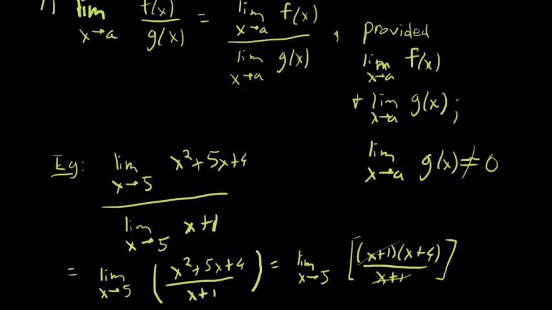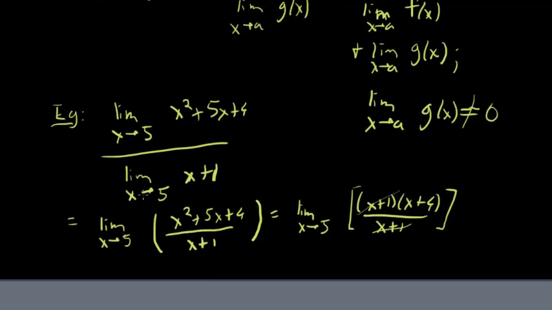And if you're wondering what about division by 0, well, you'd be dividing by 0 only when x is minus 1, and we're interested in the area around x tending to positive 5. So that won't really be an issue because we're looking at values close to 5.